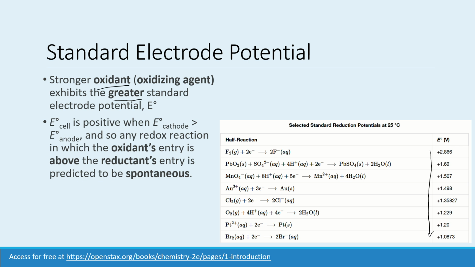And so what that means is that, if we had, say, gold reacting with a chloride ion, the gold would act as the oxidizing agent, and the chloride ion would act as the reducing agent. In that case, you would have a spontaneous process because the oxidizing agent is higher up on that table than the reducing agent.